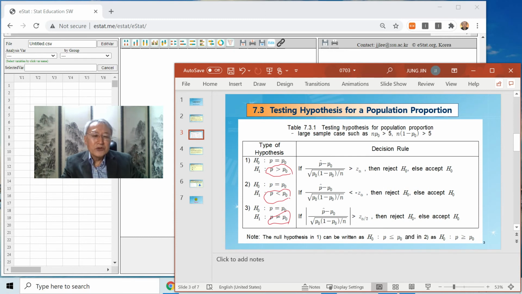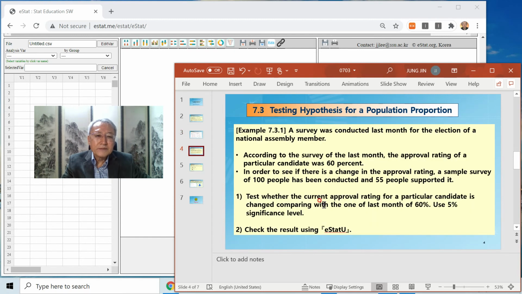Okay? You don't need to remember this formula if you understood the sampling distribution of a sample proportion. Let's practice one example. Here's a survey. According to the survey of last month, the approval rating of a particular candidate was 60%.